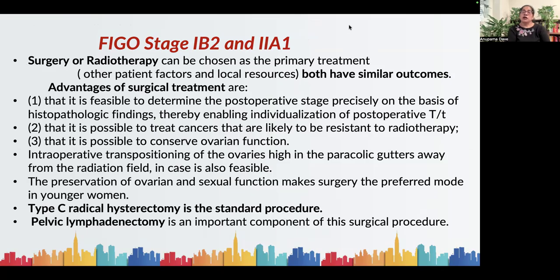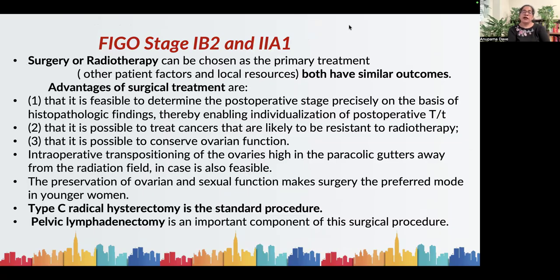Now for FIGO stage 1B2 and 2A1, surgery or radiotherapy are the primary treatment options. Both have similar outcomes, and the choice depends on patient factors and local resources.